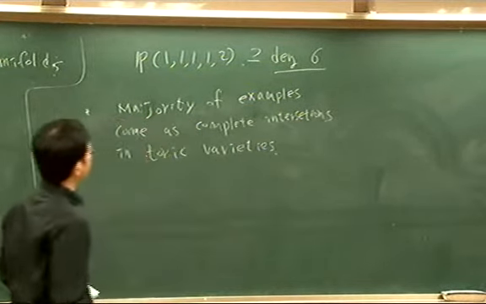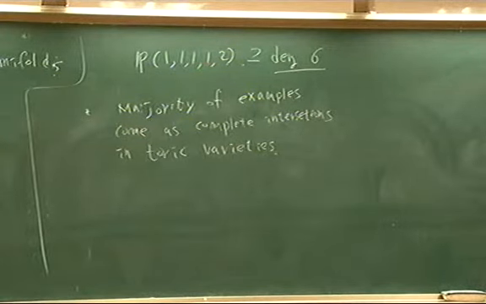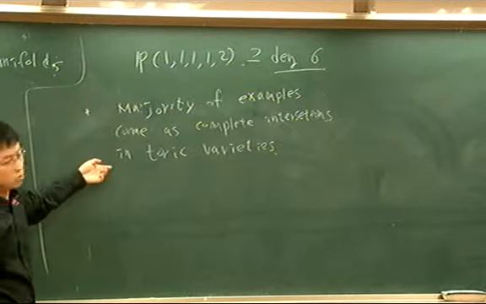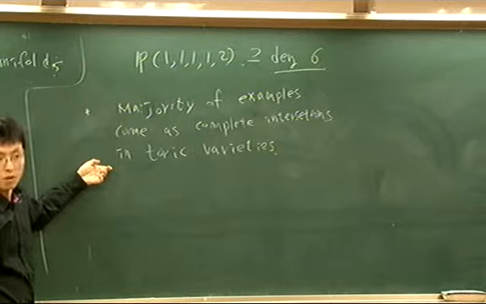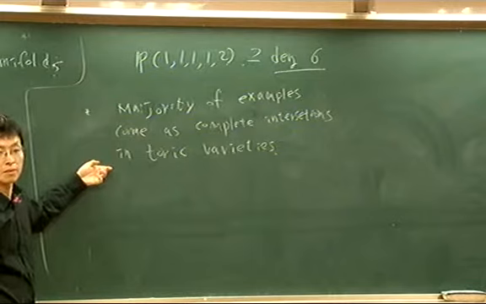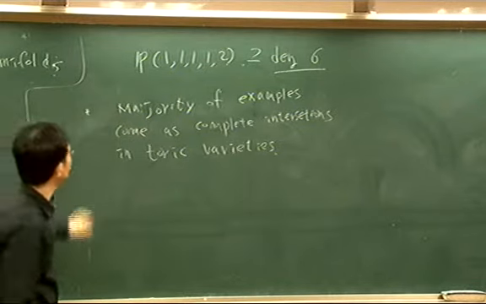You know, projective space or weighted projective space is already a toric variety. And then there are something like 20,000 examples, but it's still finite.